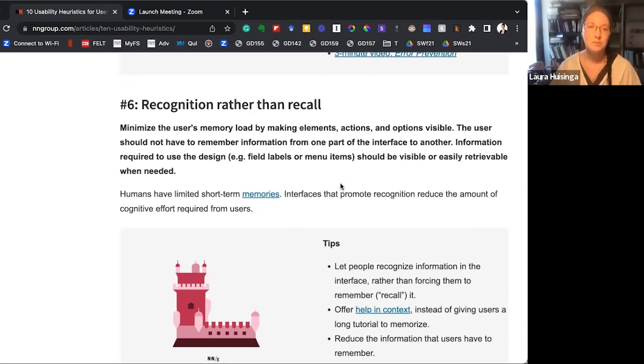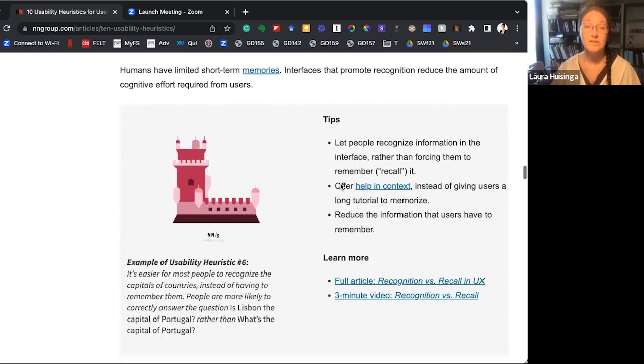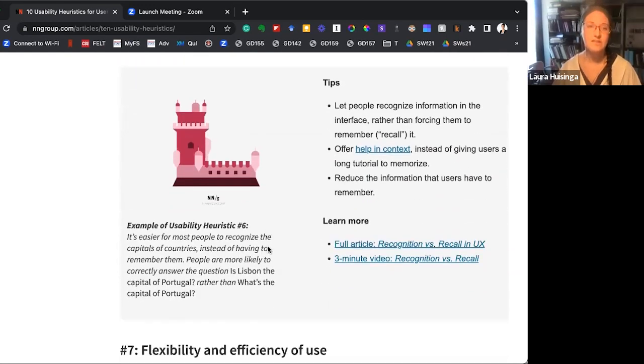Humans have limited short-term memory, and interfaces that promote recognition reduce the amount of cognitive effort required from users. An example of this is it's easier for most people to recognize the capitals of countries instead of having to remember them. People are more likely to correctly answer the question, is Lisbon the capital of Portugal, rather than what is the capital of Portugal?